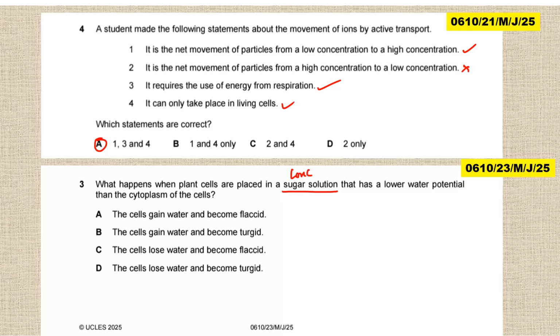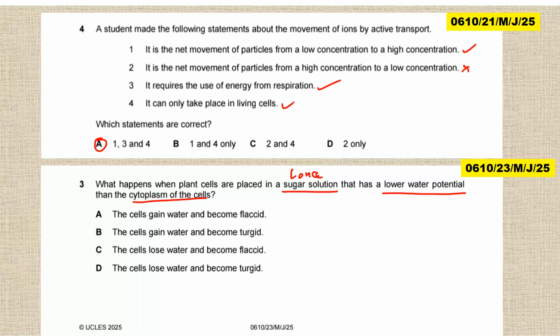It has low water potential, which means it is more concentrated than the cytoplasm of the cell. So low water potential outside, more water inside the cell. Now, water always moves from high water potential to low water potential. So what happens? The cell loses water.